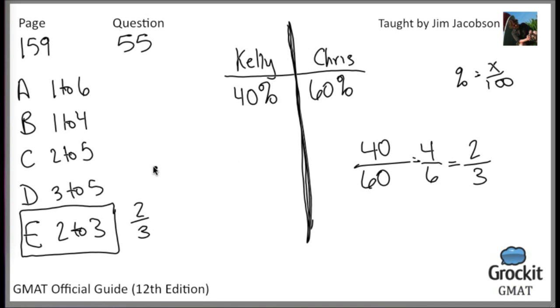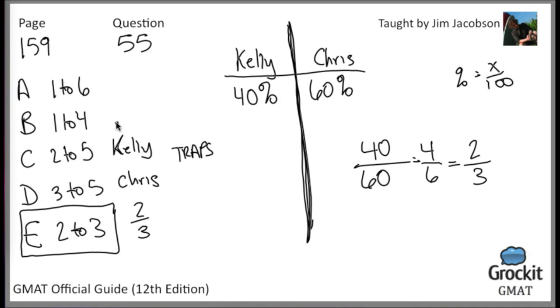In terms of trap answers, this is just what Kelly did on Kelly's own. Kelly's a unisex name, could be male or female. Same thing with Chris. So this is what Chris did on Chris's own. So these are two trap answers. The ratio of each of them to the whole.